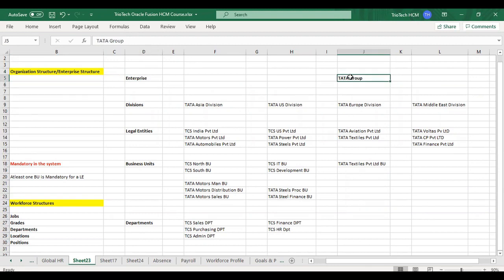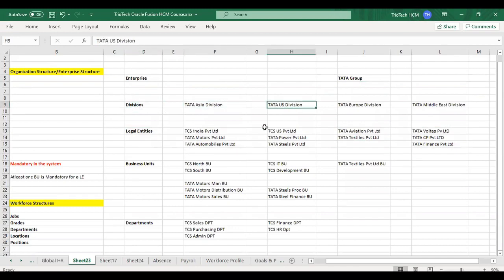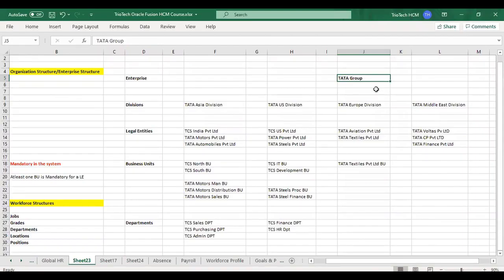If your client is into multiple companies or multiple countries or multiple operations, you have to define all of them as different legal entities. You can define multiple divisions. You can define multiple legal entities. You can define multiple business units or multiple departments. But coming to the enterprise, at any point of time, in an instance, meaning in an application, we can have only one enterprise in the system.